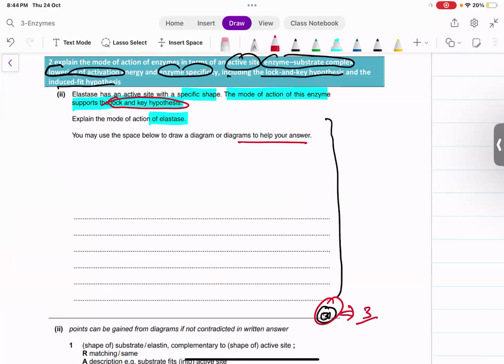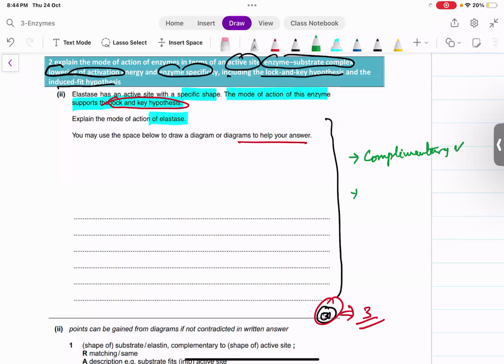So there are 3 marks, so you should write 3 points, and you should think clearly and make a rubric of what 3 important points should be there. Okay. So you should think about whether the shape of the active site is complementary or not complementary. It is complementary.